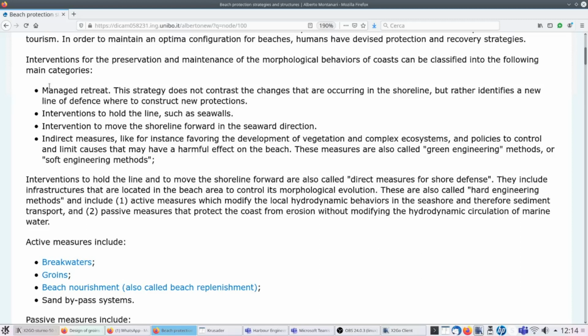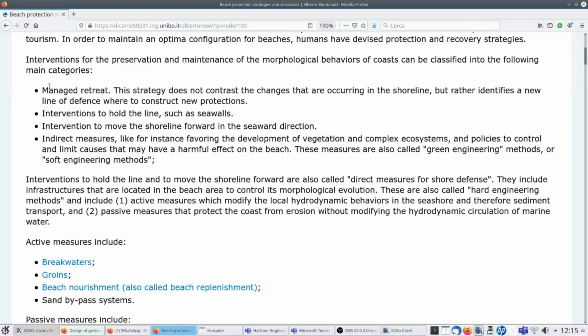So you go back inland in order to contrast beach erosion by simply moving back. And this is sometimes adopted, especially for sites where there is no touristic interest.